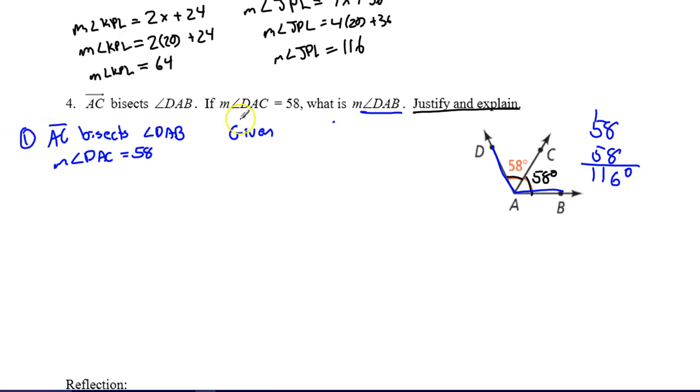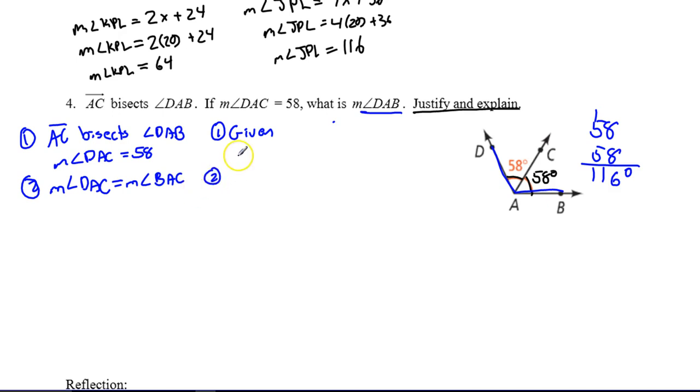We might say, okay, that's a statement, and there's a reason for it. And then we might say, well, now what do we know? Since it bisects it, we know that the measure of angle DAC equals the measure of angle BAC. Those are the two parts, because it's bisected.